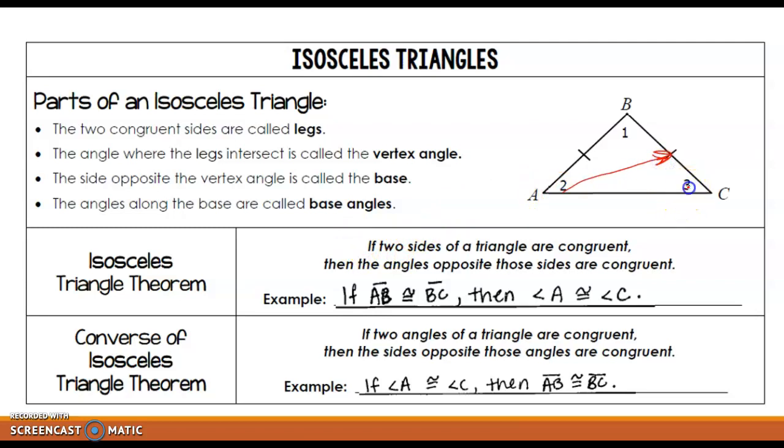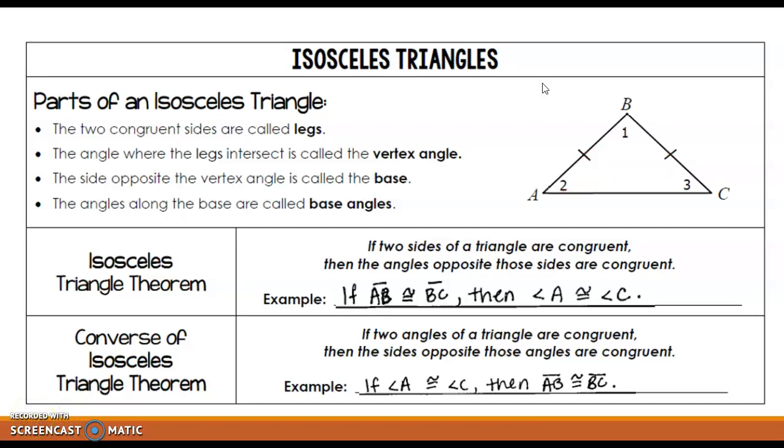This angle number 3 corresponds with side AB, right there. So if AB is congruent to BC, then that means angle A is congruent to angle C. Well, it works both ways. If angle A is congruent to angle C, then side AB is congruent to side BC.